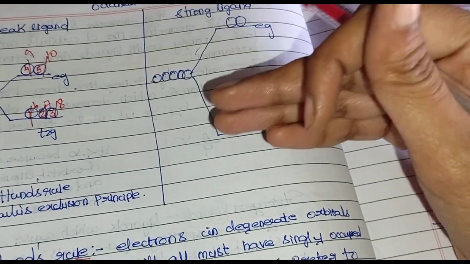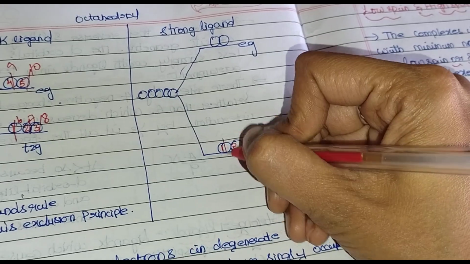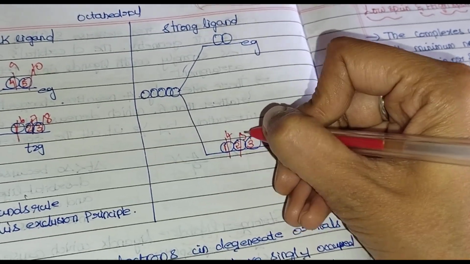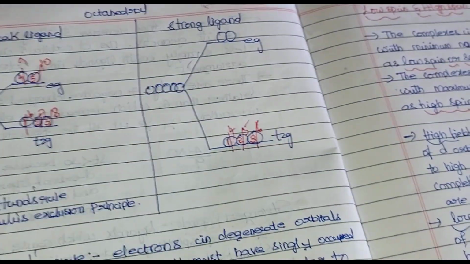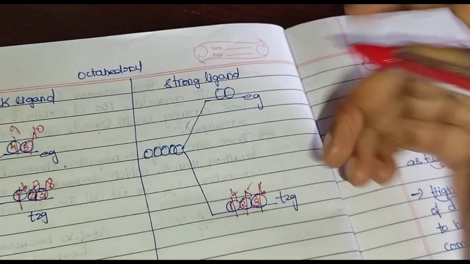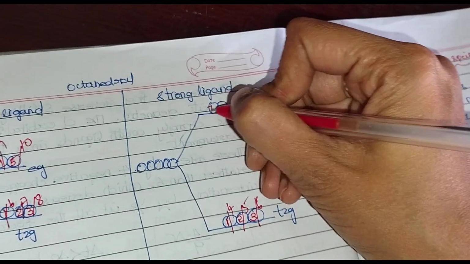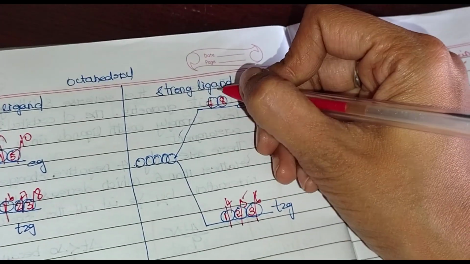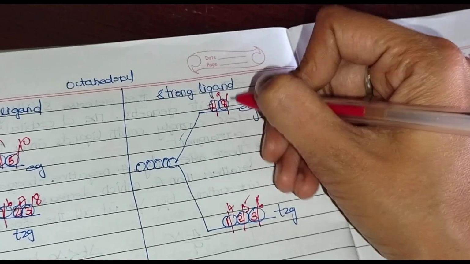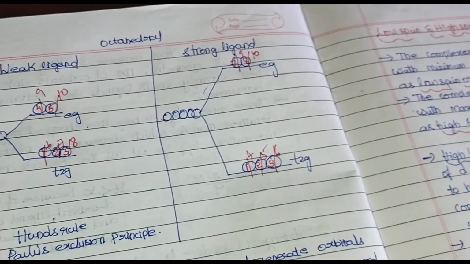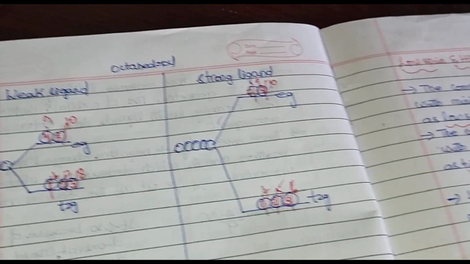So instead of that, pairing starts here only. So 4, 5, 6. After that it will go to higher energy. So 7, 8 are filled. After that pairing again starts here, 9, 10. So like this the strong ligands will be filled.